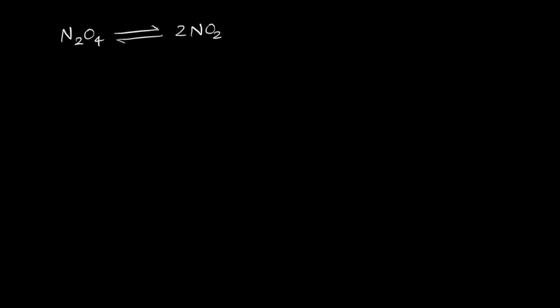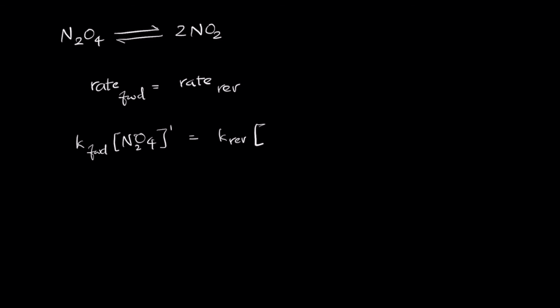Now notice that we said that the rate of forward reaction is equal to the rate of reverse reaction at equilibrium. At equilibrium we know that the coefficient itself becomes the exponent. So we can write that K forward times N2O4 to the power 1 equals K reverse times the NO2.